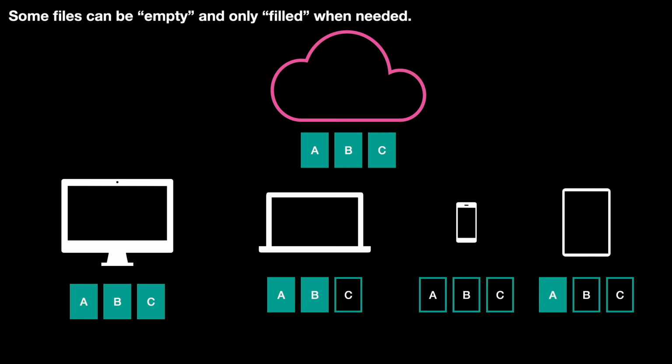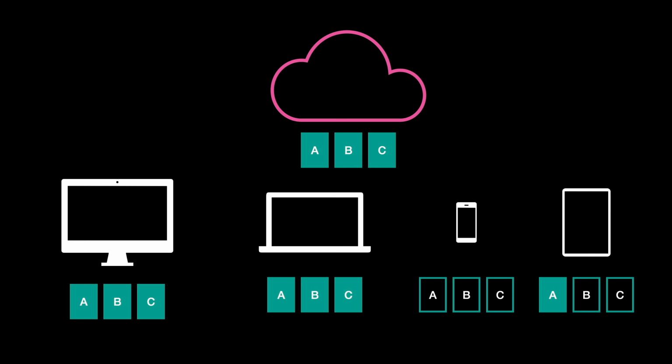But your other devices may actually have some files in their entirety and other files are kind of just placeholders. Think of them like envelopes but without the papers inside the envelope. So you see the file there but the contents of the file aren't there. So if you need the file, it simply downloads it on demand. So in that case I needed file C. It said hold on a second and it downloaded the contents of file C.